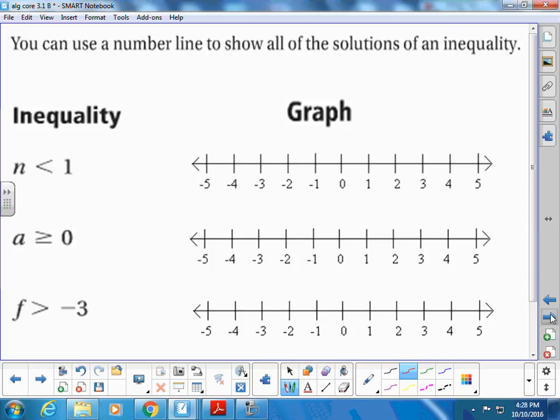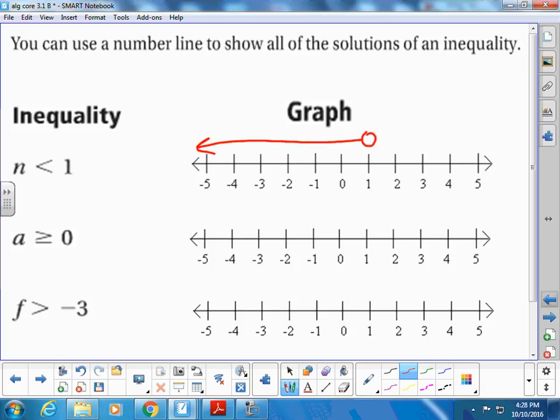All right, you can use the number lines to show all of the solutions. So if you look at this, let's do a few. N is less than 1. So here's a 1. Again, open circle because it's not or equals to, it's just less than, because it's not 1, it's less than 1.